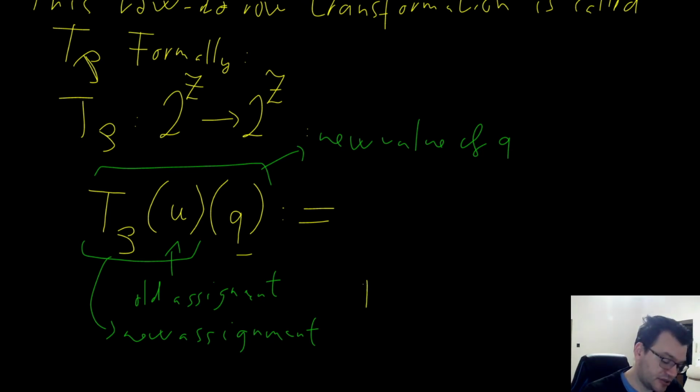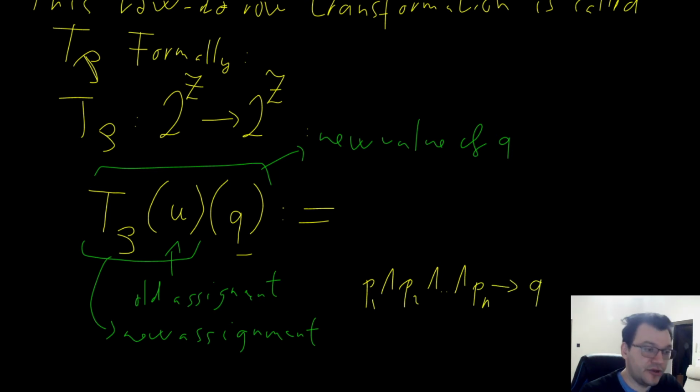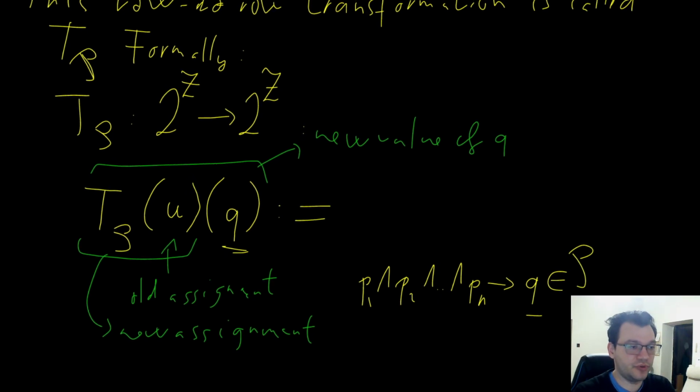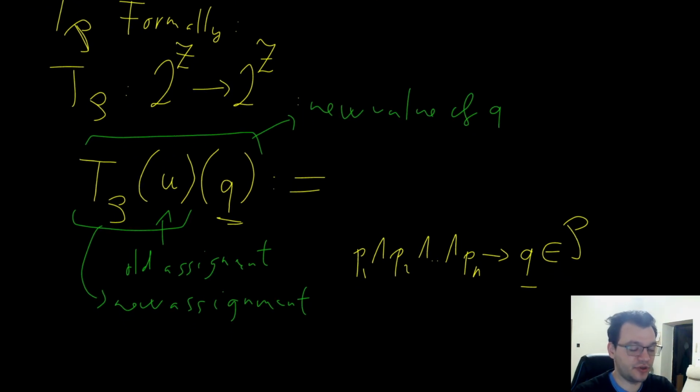So we just collect all those P1 and so on and Pn to Q. The important point here is this is the same Q. So you are just collecting in P all those clauses of P having Q as head.